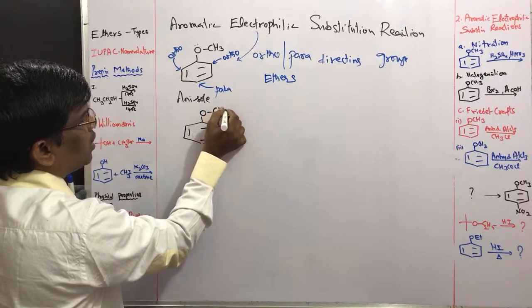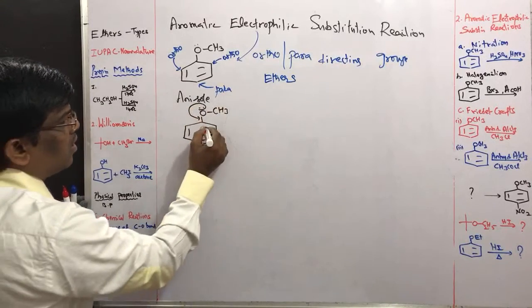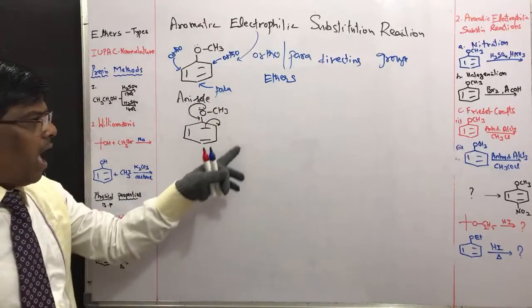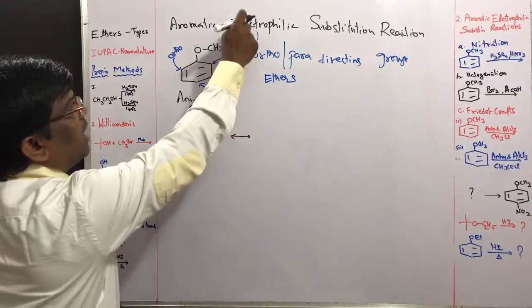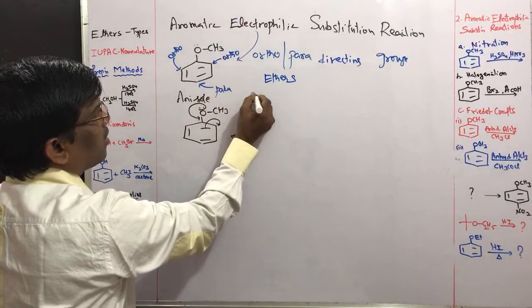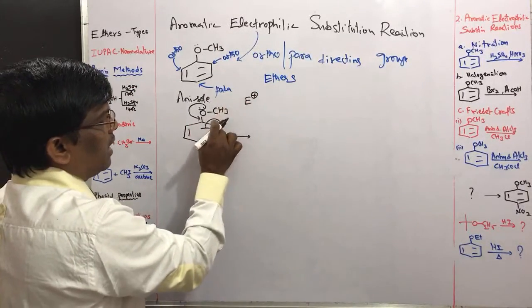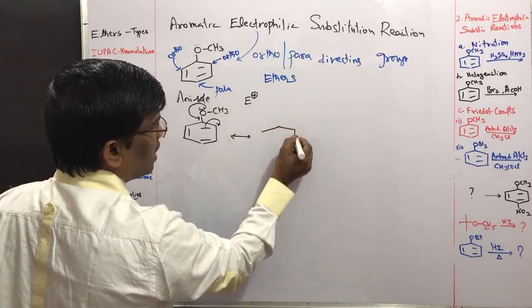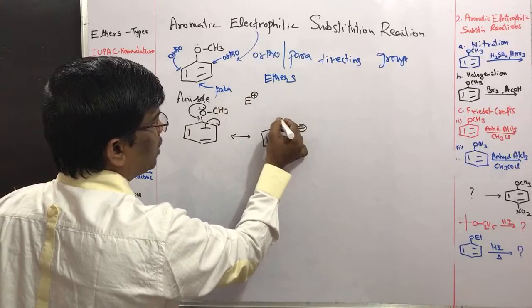For example, methoxy undergoes resonance to form a carbanion. The carbanion forms at the ortho position, and the electrophile is an electron-deficient compound. It loves electrons, so it forms an electron-dense carbanion at the ortho position.